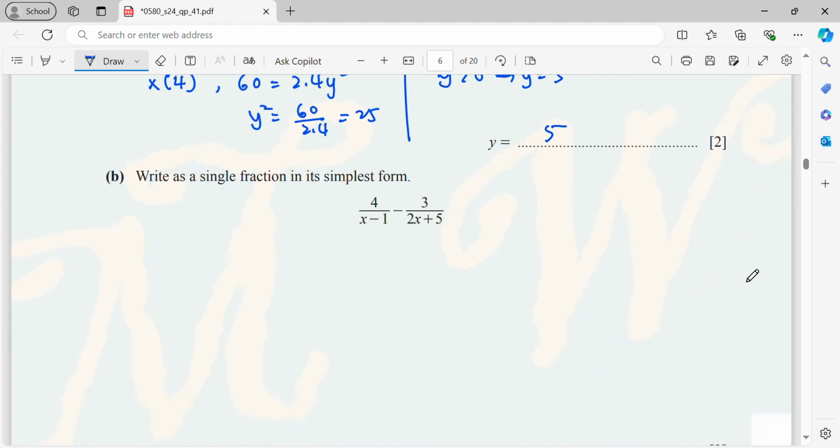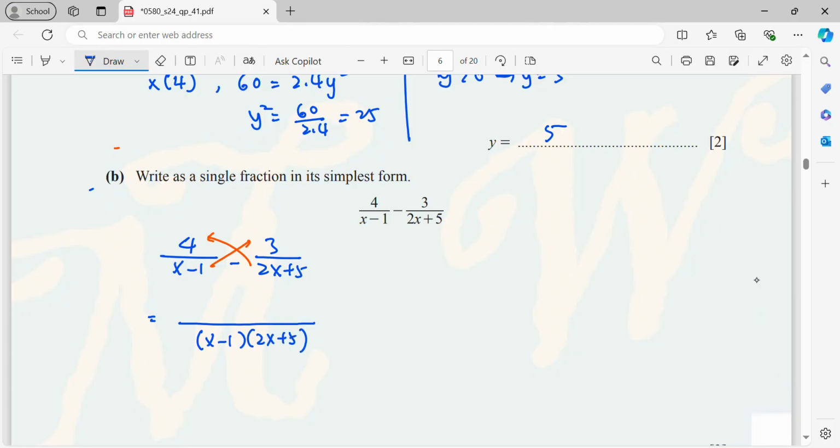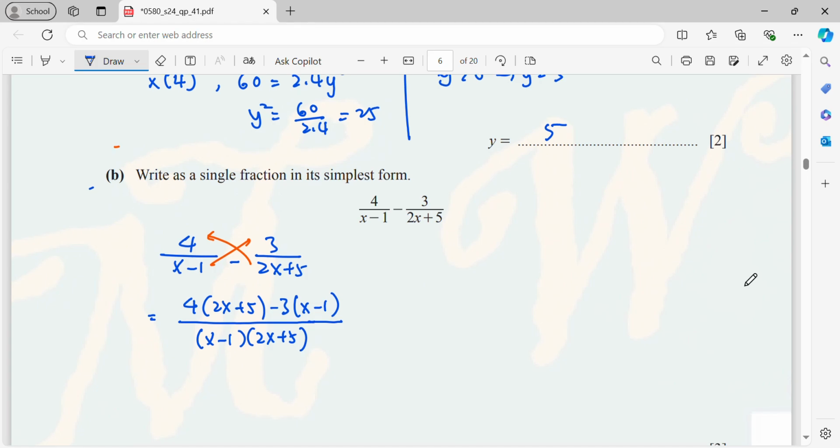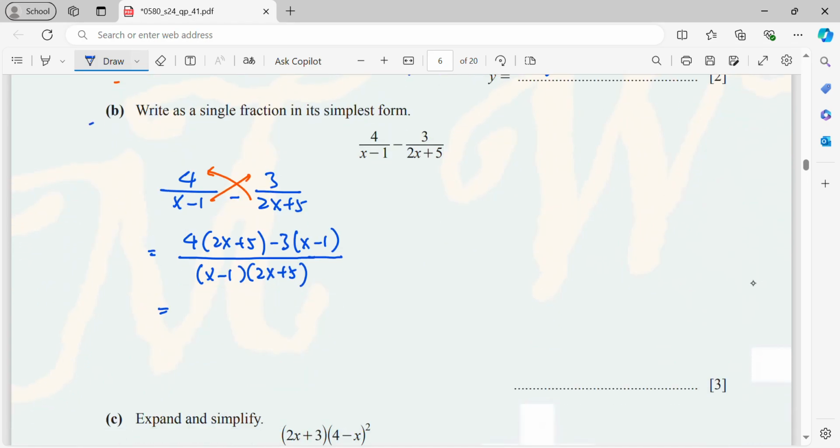Now B, write as a single fraction in its simplest form. 4 over x minus 1 minus 3 over 2x plus 5. So now you have to get the same denominator, which means you are using cross multiplication. My denominator is x minus 1 times 2x plus 5, then my numerator is 4 times 2x plus 5 minus 3 times x minus 1. Then just do expansion for the numerator.